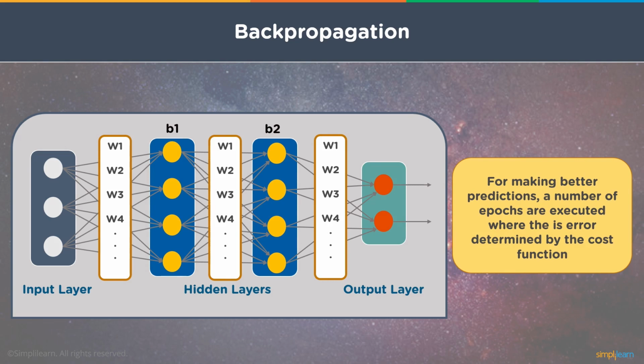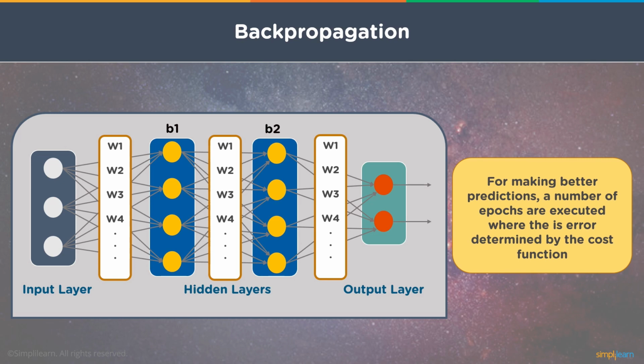And so for making better predictions, a number of epochs are executed, where the error is determined by the cost function. Now, epoch is an important thing to keep track of. Epochs is if you have a large, or any data set, and let's say you've split out your test data and your training data set and you're running your data through, how many times do you have to run all of that data through before you start getting something that is usable, till the error goes down to, you can't adjust the error anymore.